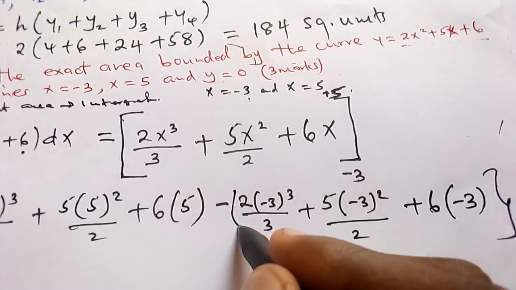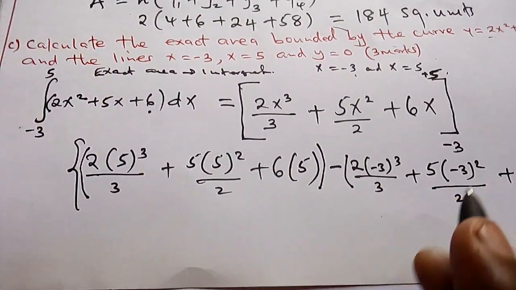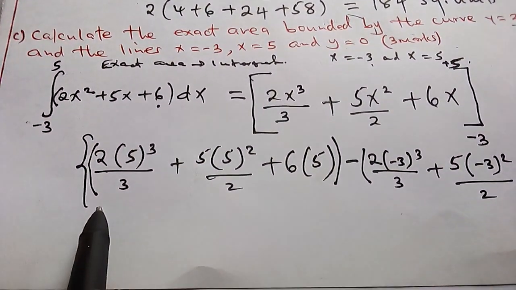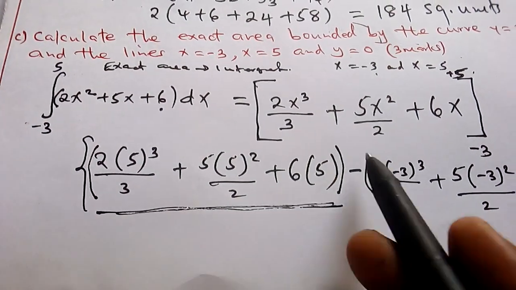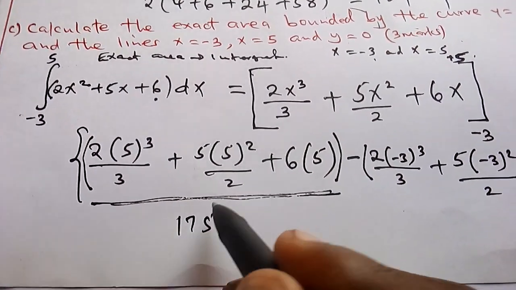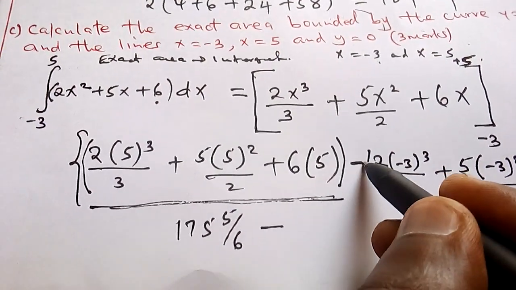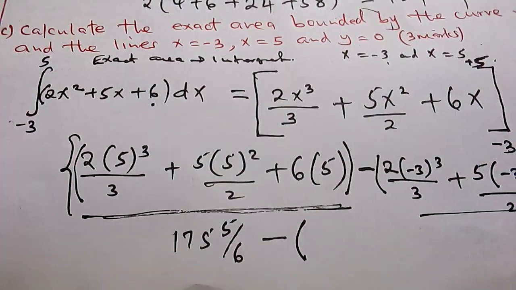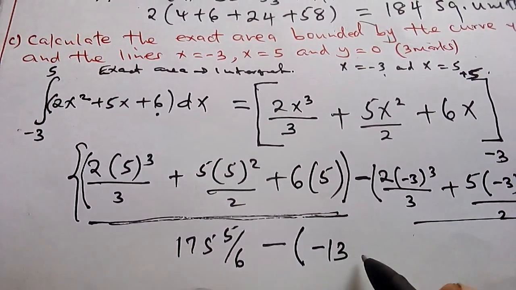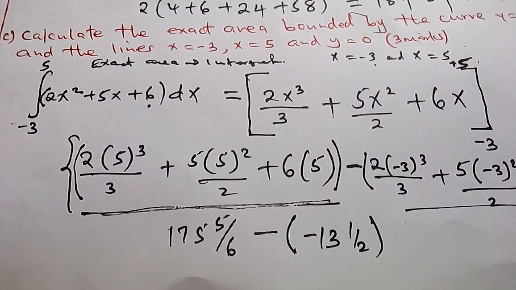So if you work out this one, you're going to get your answer. If you work out the first one, from here to here, you're going to get 175 and 5/6. Then we are going to subtract this other one. If you work it out, you're going to get -13 and a half.